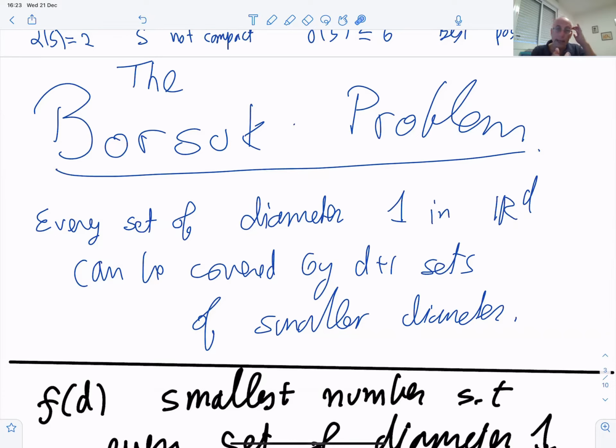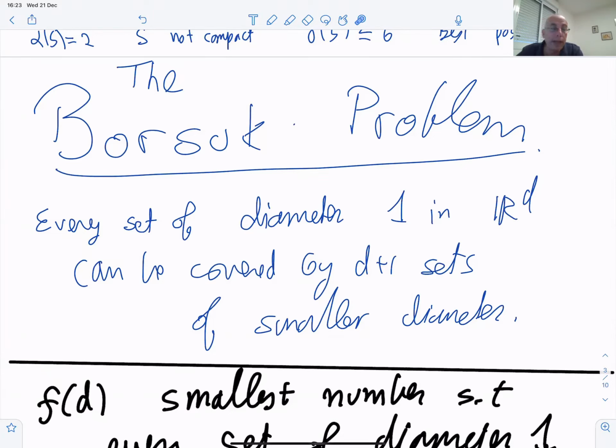Okay, so there is this example where you take the Voronoi cell for the d plus 1 points of the regular simplex, but it turns out this is not the best example. And Larman constructed probabilistically a better example, but it's not known what the truth is.